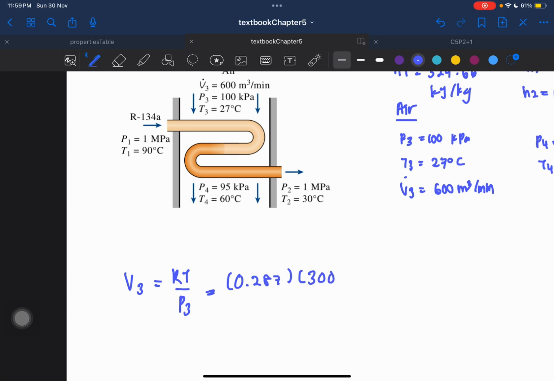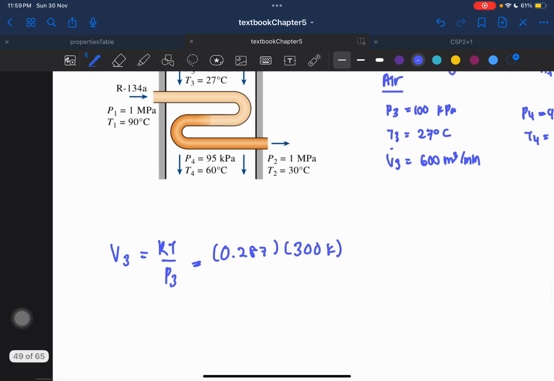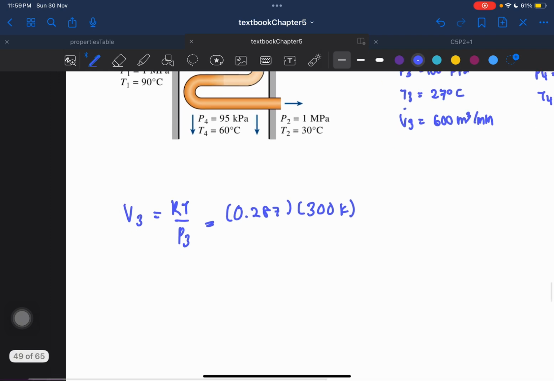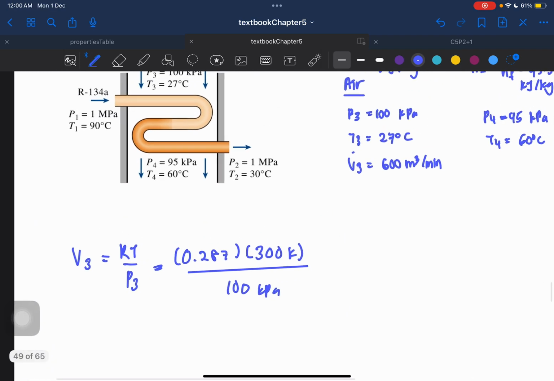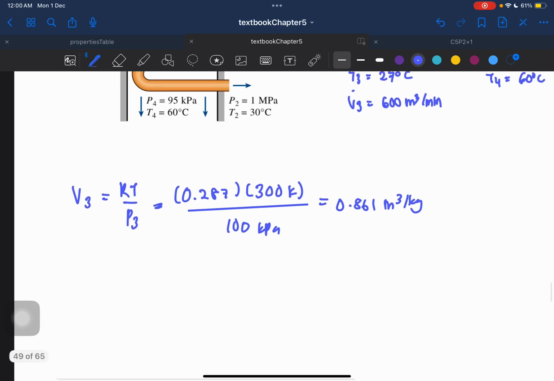To get 300 Kelvin, we convert the unit to Kelvin from 27 degrees Celsius, and then 100 kilopascal. Thus we will get 0.861 meter cube per kilogram.